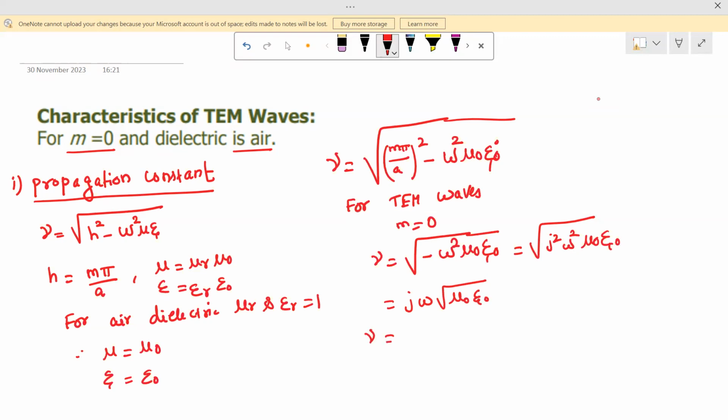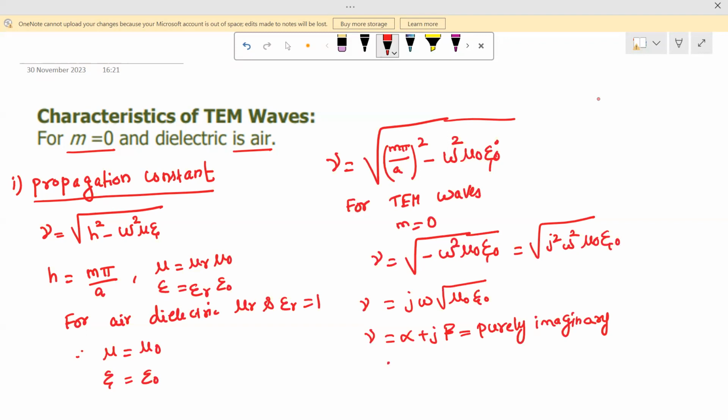We know that the propagation constant gamma is alpha plus j beta. Now here in TEM waves, this gamma is purely imaginary. We don't have any alpha term, that is real term here. We have only the imaginary term which is related to beta. So we can say this is purely imaginary.